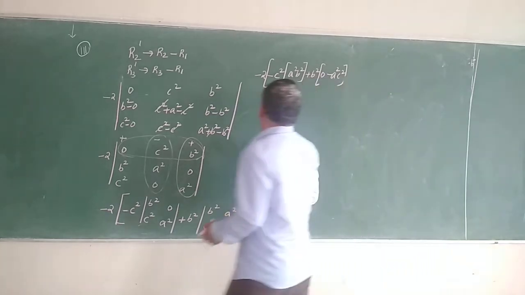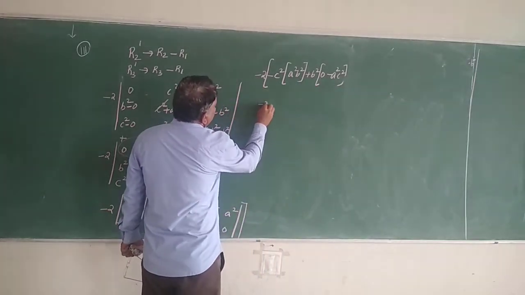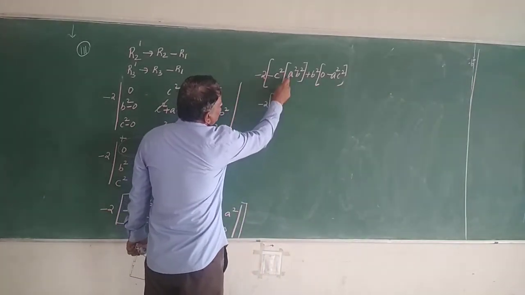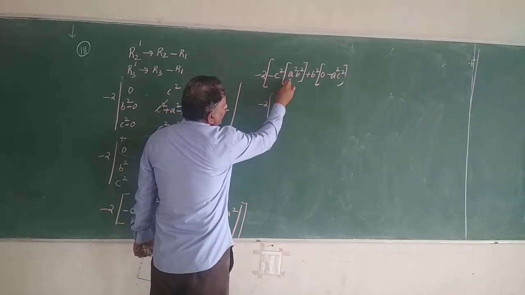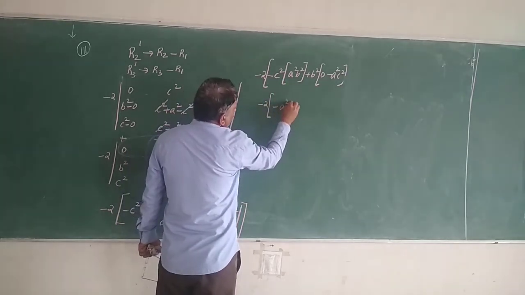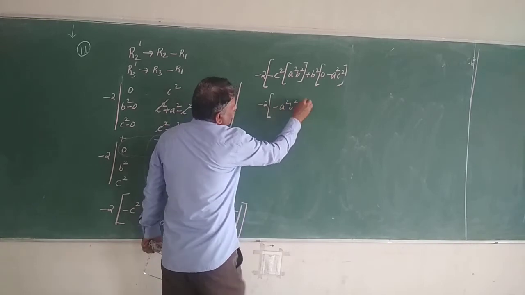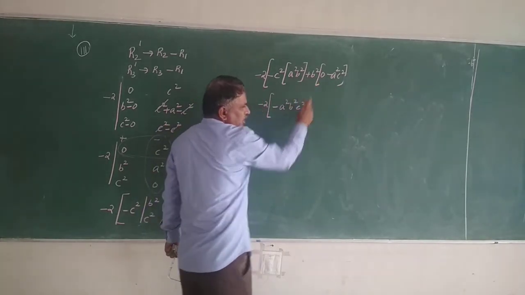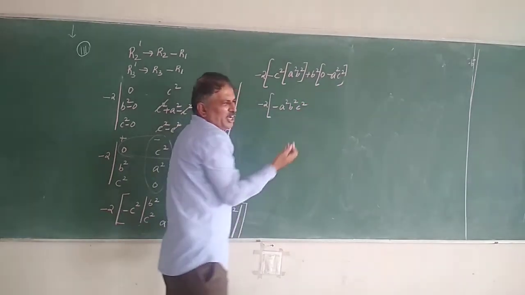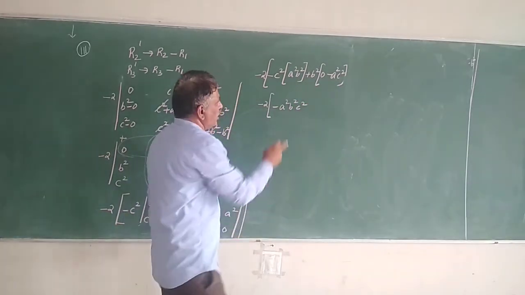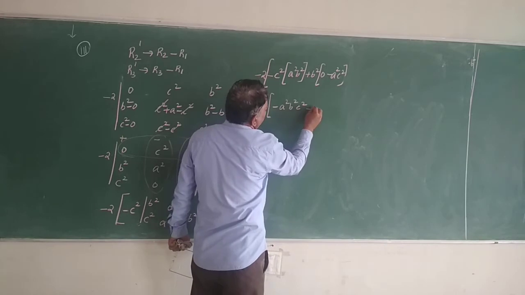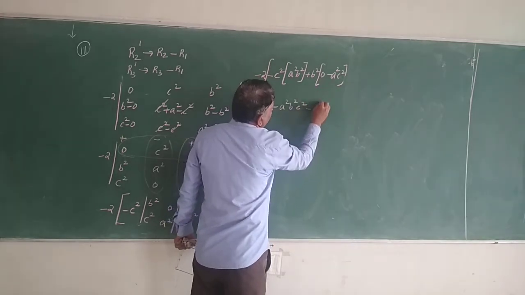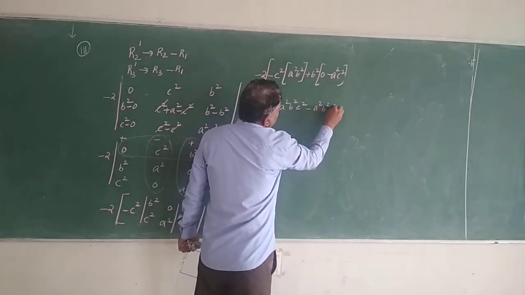Now, this is minus 2, minus into plus, minus, C square, A square, B square is A square, B square, C square. Plus into plus, B square into 0 is 0 only. Plus into minus, B square into A square, C square is A square, B square, C square.